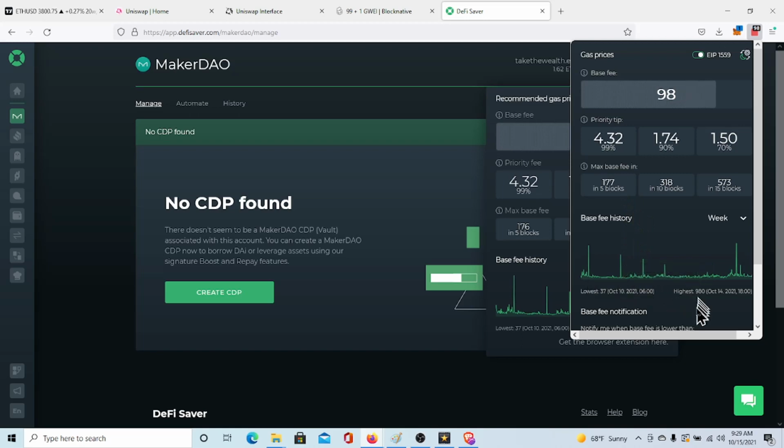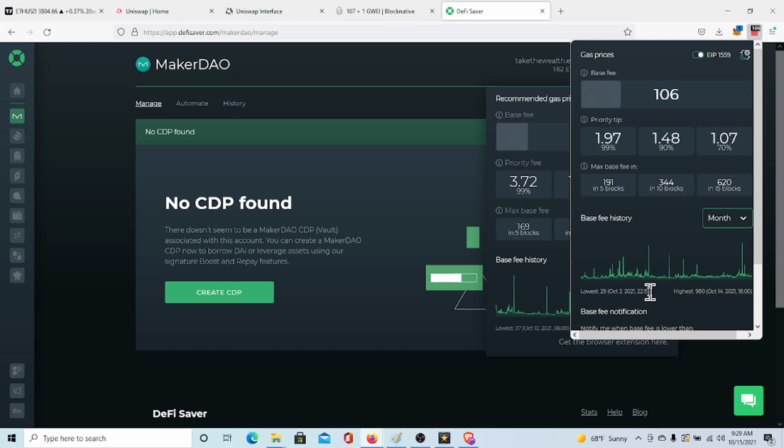It also gives you an idea of where the base fee has been in the last week, month, or day. So you can see in the last month, the minimum is 29, and the max it's gone is 980. I'd say the average it's usually around is like 80 to 150-ish.